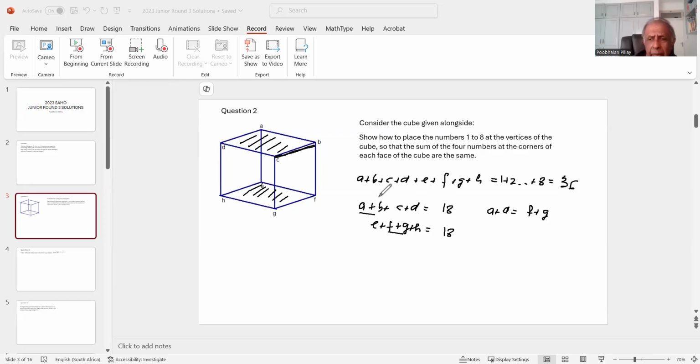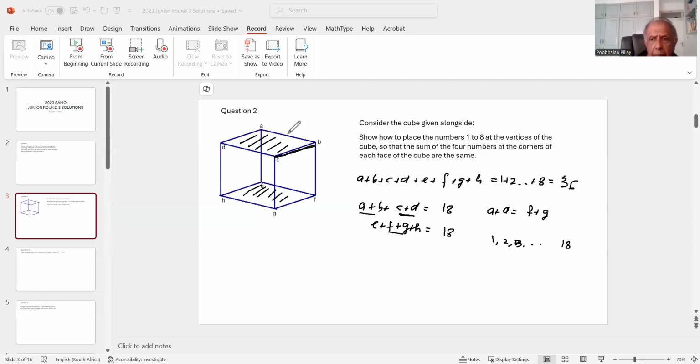You can start off with A plus B equal to 5 because you've got 1, 2, 3, 4, 5. Let's look at this top face.